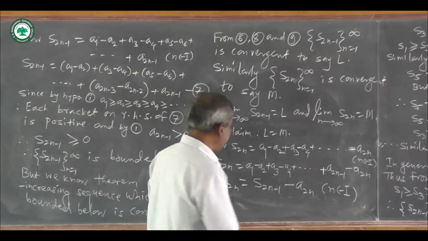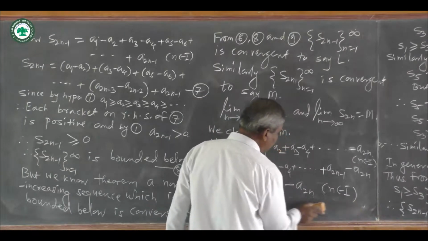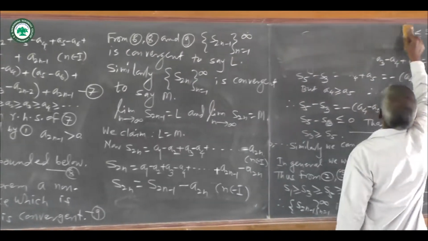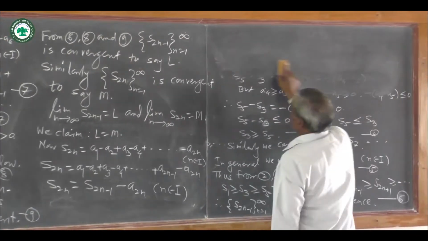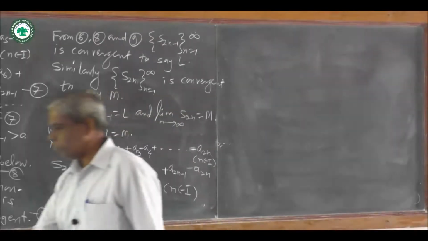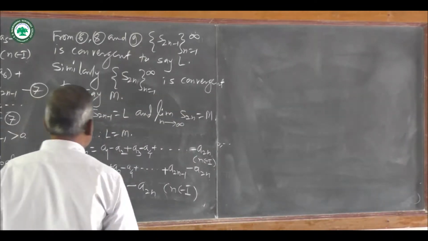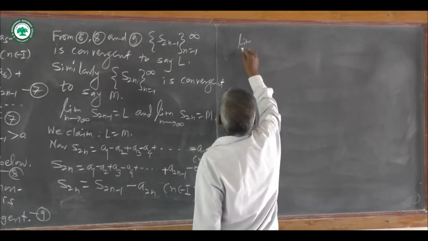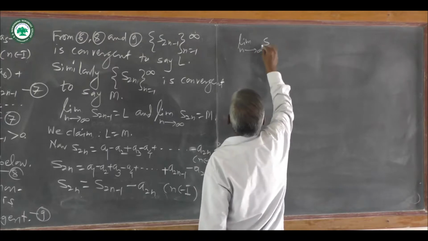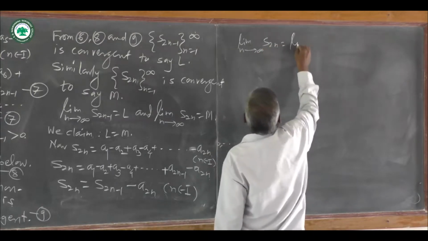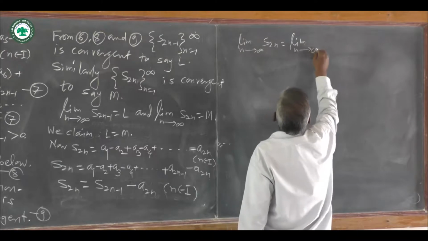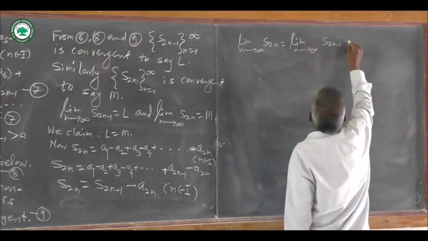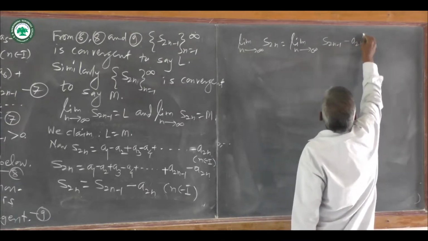Taking limit on both the sides as n tends to infinity: limit n tends to infinity of S suffix 2n is equal to limit n tends to infinity of S suffix 2n minus 1 minus a suffix 2n.